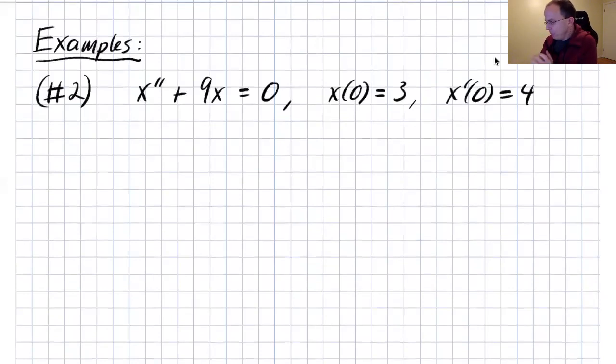Maybe in order to really understand what's going on, we should solve this differential equation using the chapter 2 technique of using the characteristic equation. Then we'll have the answer, and then we'll do the same thing with the Laplace transforms. Then we can compare which of these two methods we prefer. Which one was easier? So let's give this a shot.